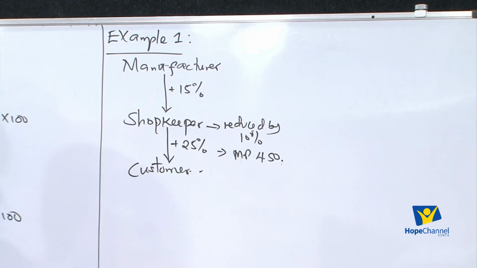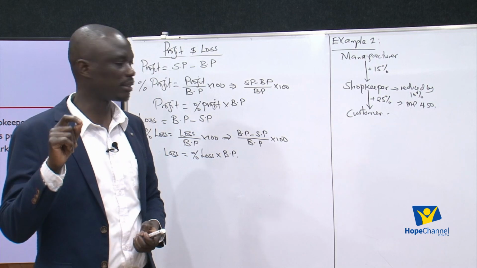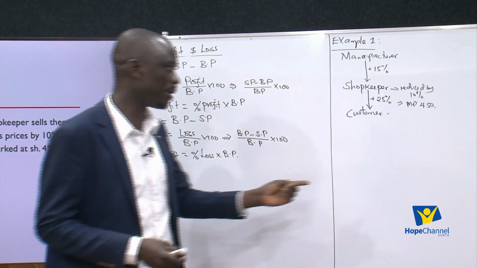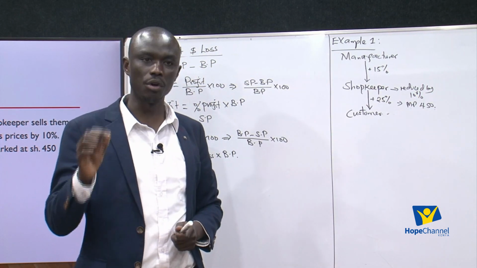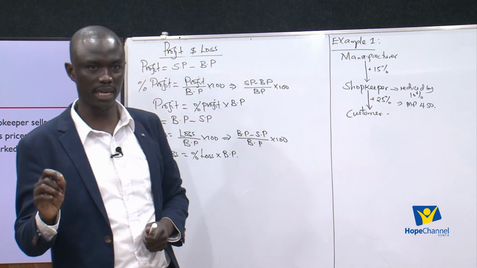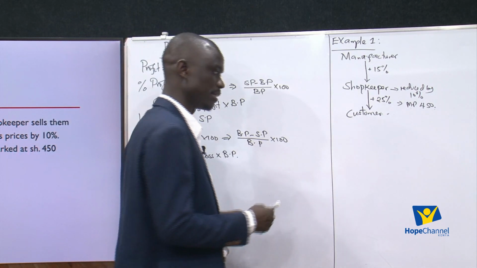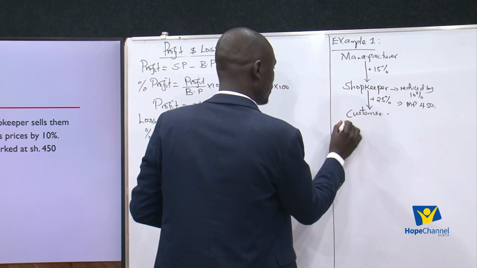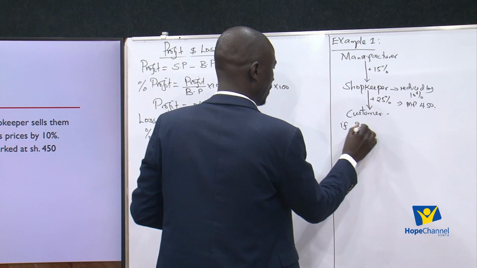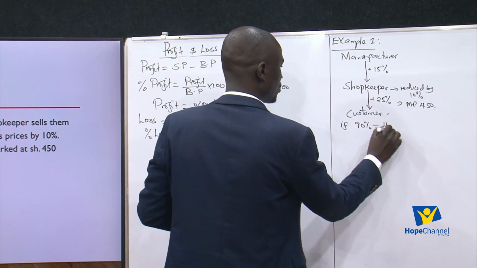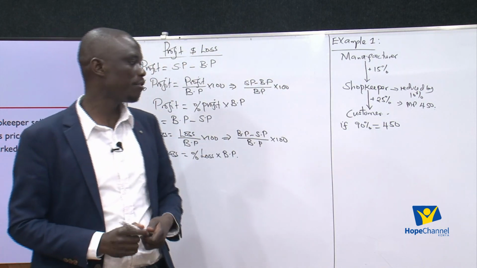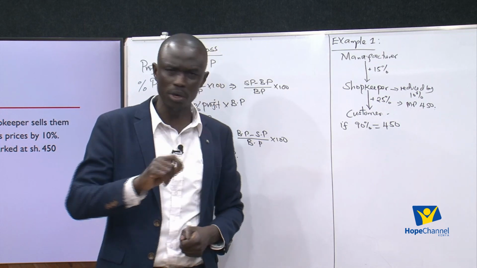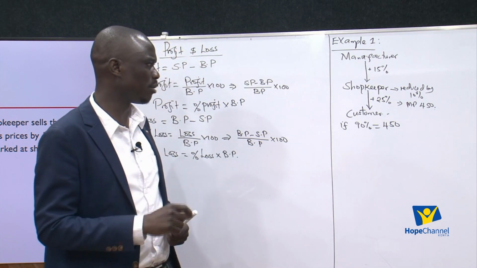So the marked price, that is 450, was not the 100% selling price of the shopkeeper. The shopkeeper had reduced it by 10%. That means that the shopkeeper sold it at 90%. So if 90% was equivalent to 450 shillings, what was the original price that the shopkeeper would have sold it at?